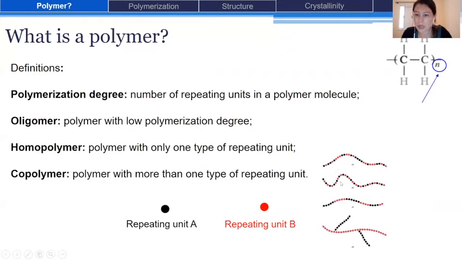It can be random, it can be alternated, you can have blocks of repeating unit A and blocks of repeating unit B, or you can have one long chain of repeating unit B with some branched chains of repeating unit A. So you can see that you can have different architectures, and this is controlled during the polymerization process. During the polymerization process, we control the architecture of the polymers, and also the polymerization degree.